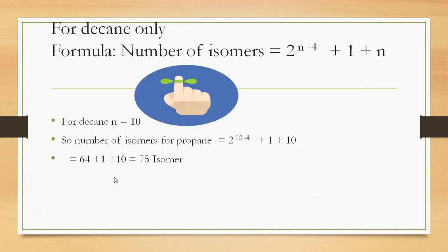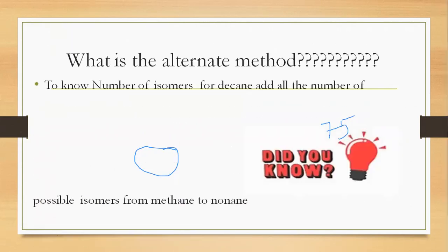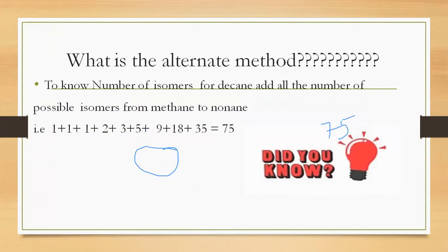We got 75 isomers. Here also I am getting 75 isomers. Previously I also got 75, which means my formula is correct.